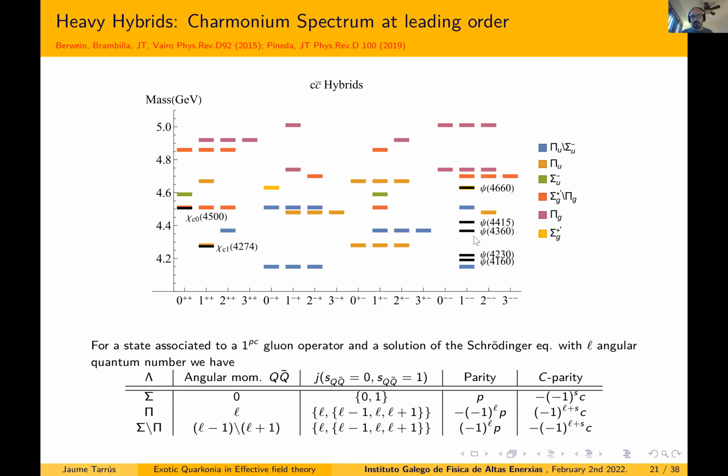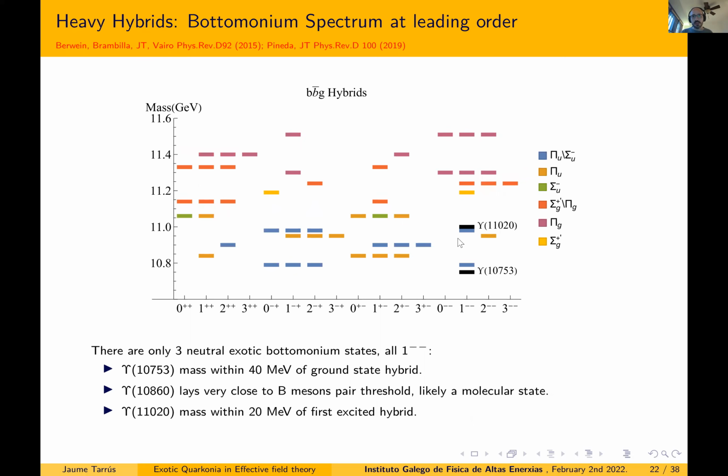We can do the same for bottomonium hybrids, so bottom anti-bottom hybrids. Again, a similar picture, plenty of states. In this case, there are only 3 exotic bottomonium states with no charge, and all of them are 1 - , these 3 states here.